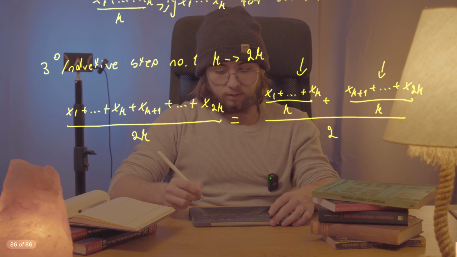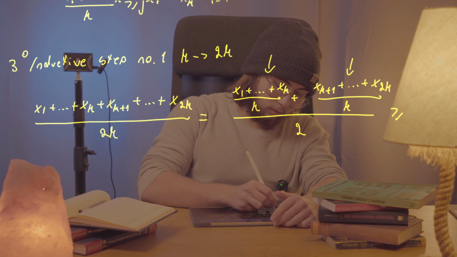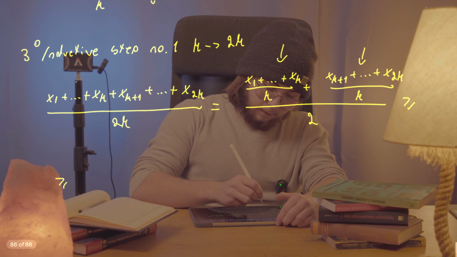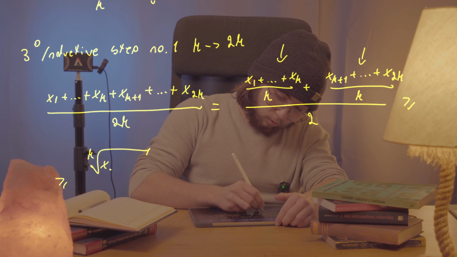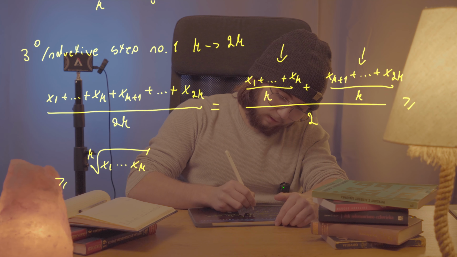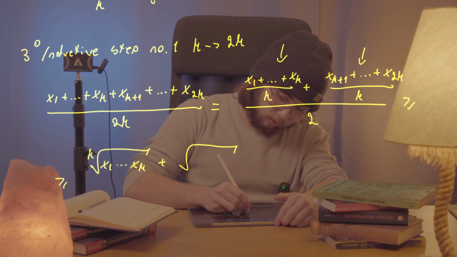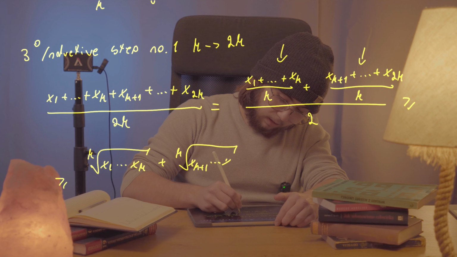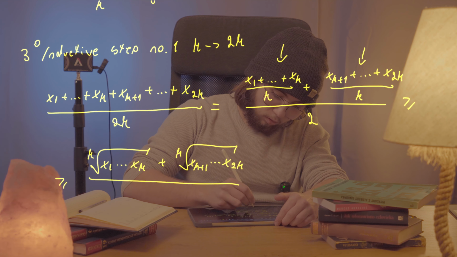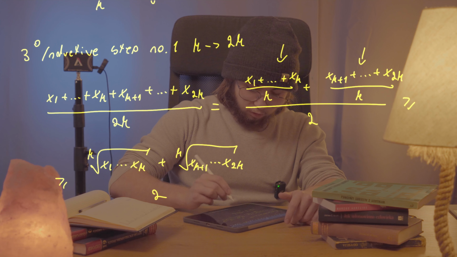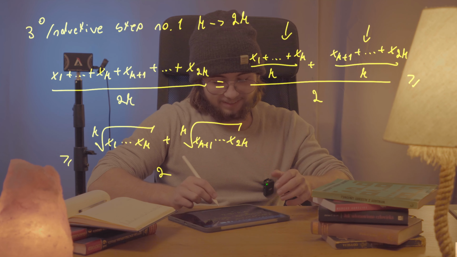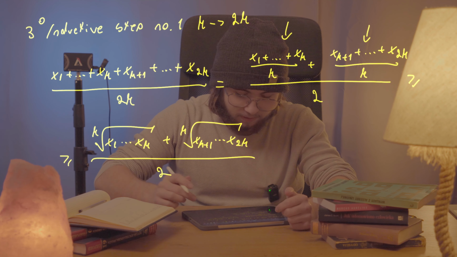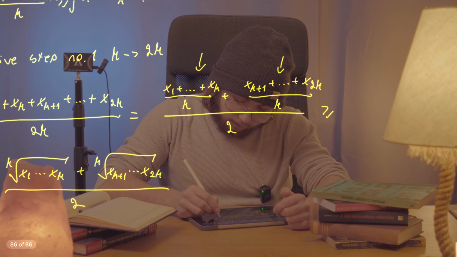And so we can say that those are going to be greater than or equal to the kth root of the product x1 through x sub k plus the kth root of x sub k plus 1 through x sub double k, and all over 2. This line is not perfectly straight, but now it's better, I think.